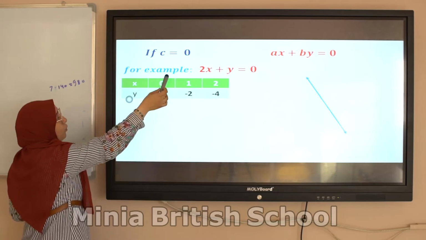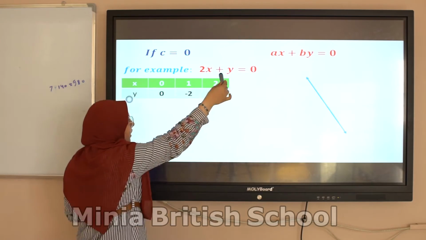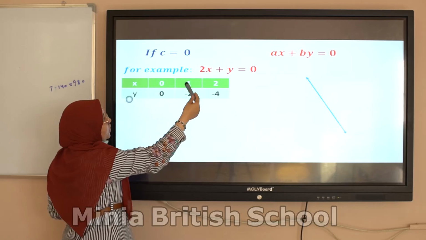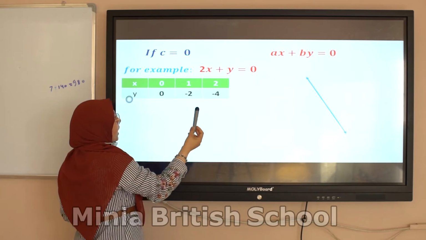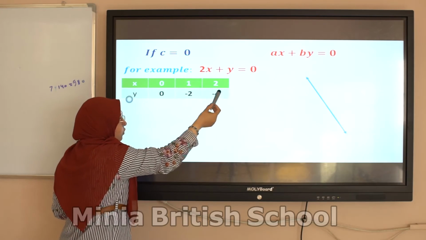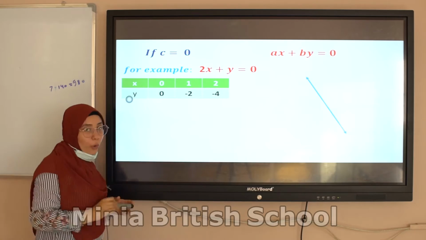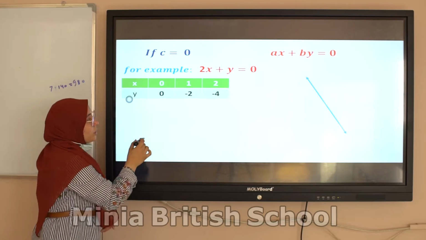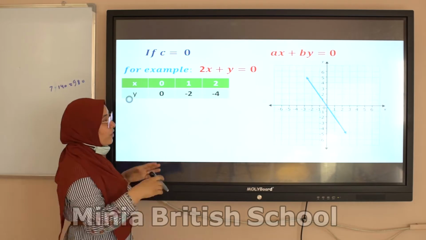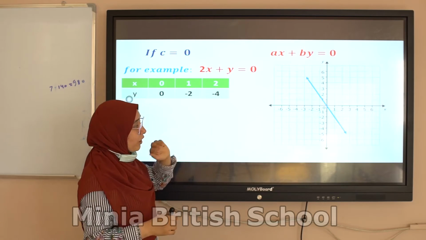So the first one, when x equals 0, y equals 0. When x equals 1, y equals negative 2. And when x equals 2, y equals negative 4, okay?